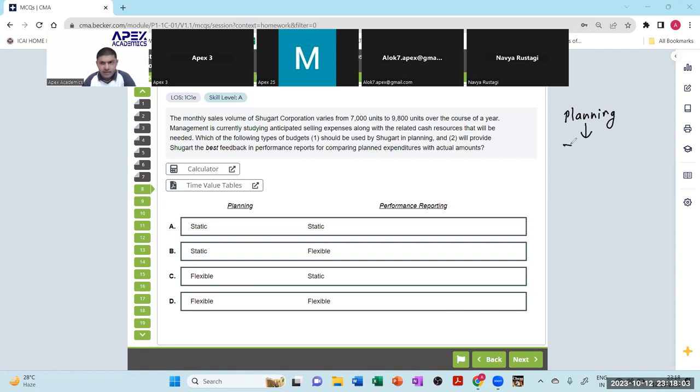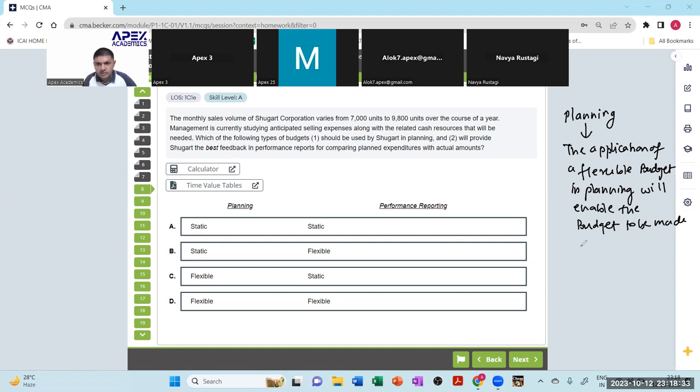See, the application of a flexible budget in planning will enable the budget to be made for varying levels of activity within a particular range.